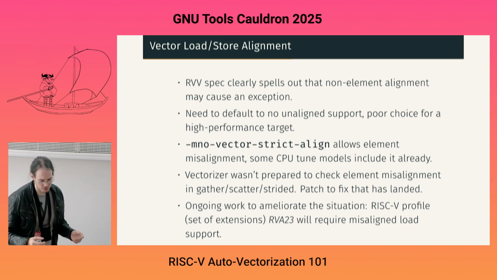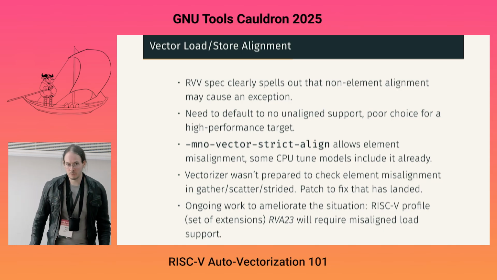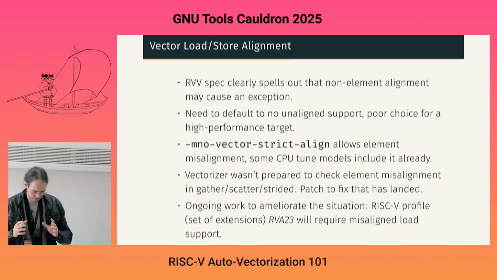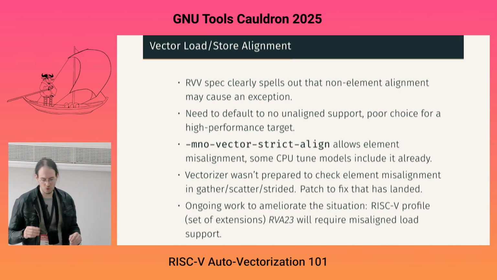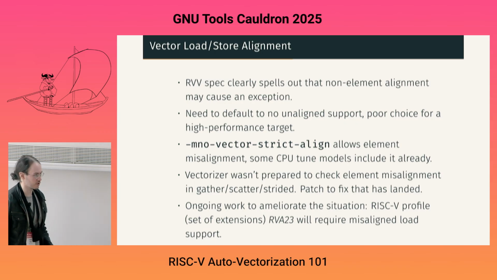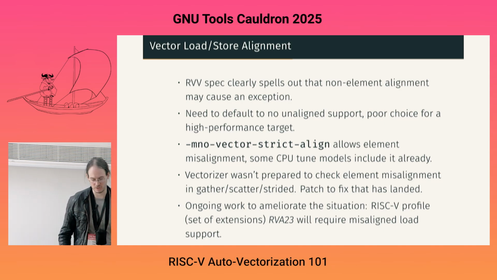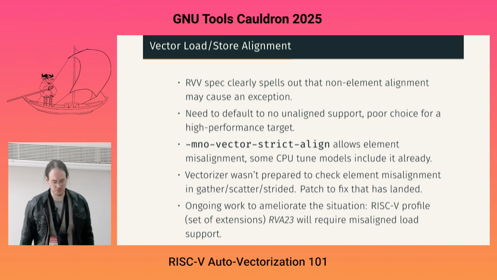So cores may basically give up. Meaning right now we need to default to no unaligned support for vectors in GCC, which is a very poor choice for all but low-end architectures. But here we are. So far, our default is no unaligned vectors.